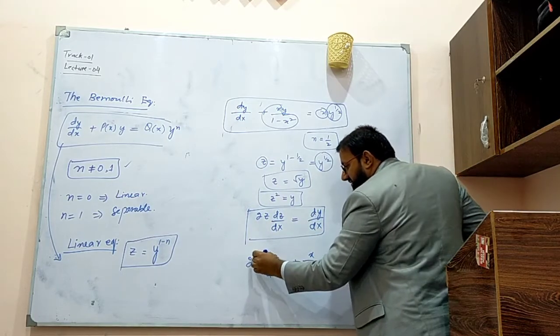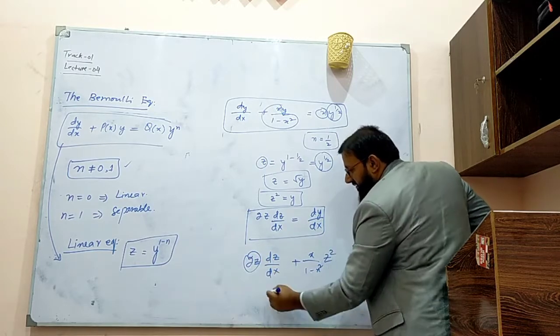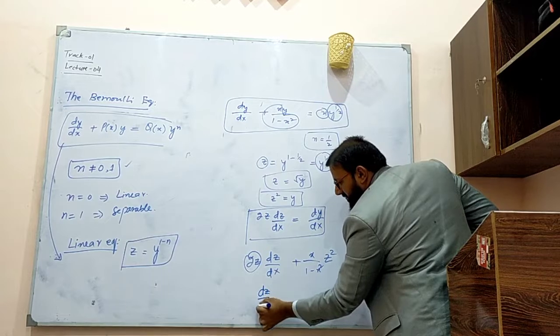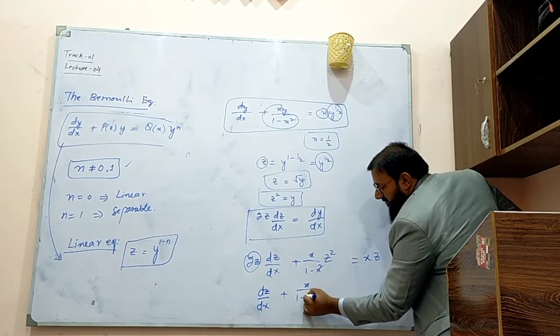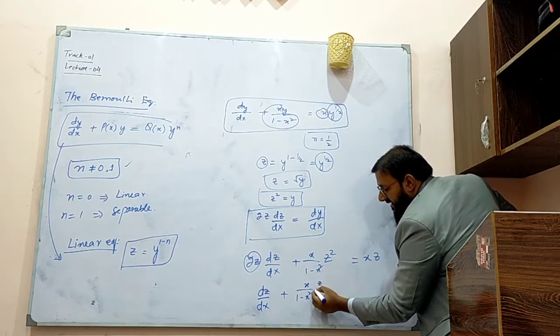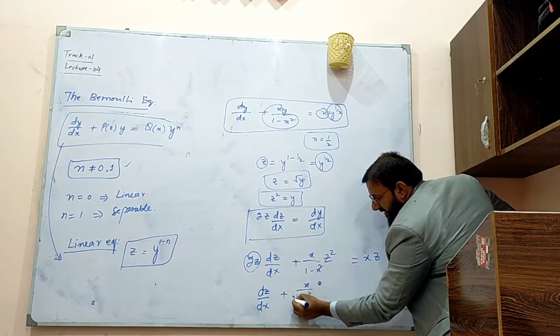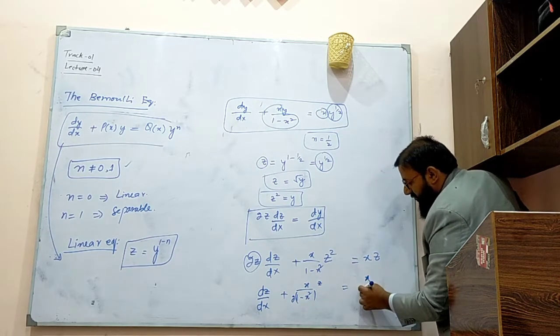Then you cancel this 2z by dividing every term by 2z. Then this becomes dz by dx plus x over 1 minus x square times z square divided by 2z, which would be z by 2, equals x times z by 2z, which is x by 2.